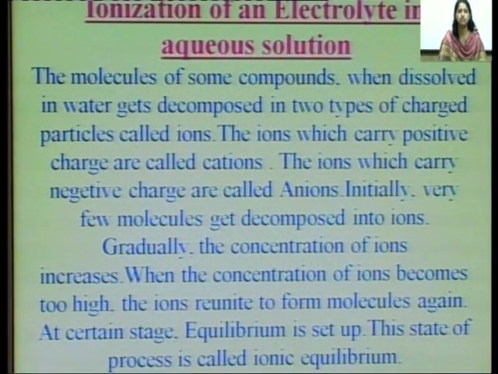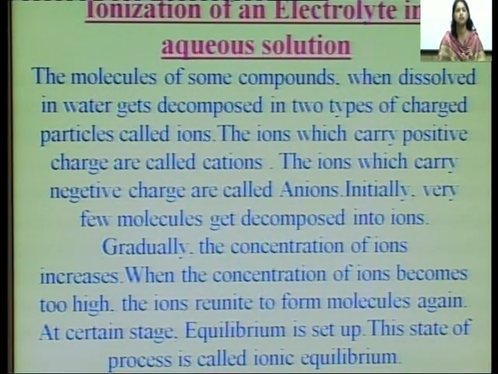So, ionization of electrolyte in aqueous solution. The molecules of some compounds when dissolved in water get decomposed into two types of charged particles called ions. So, when the molecules of some compound are dissolved in water, what do they do?